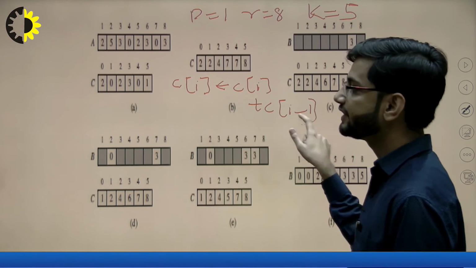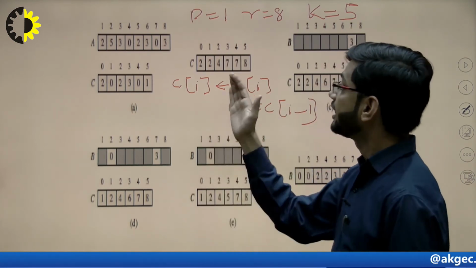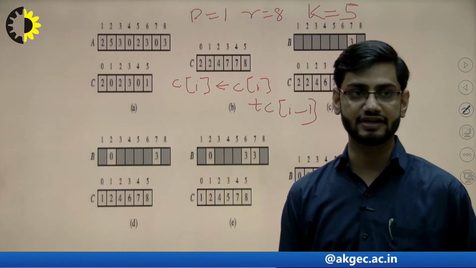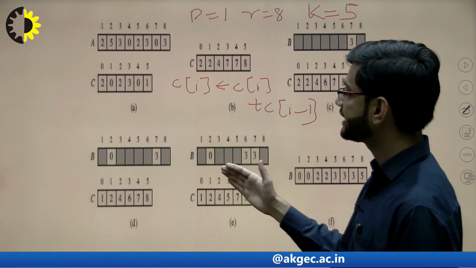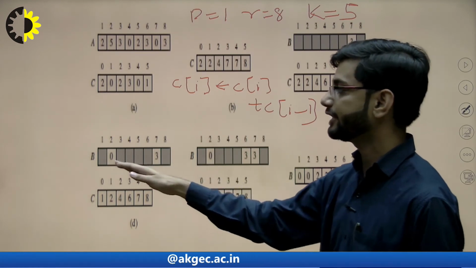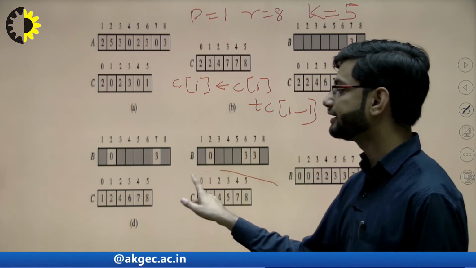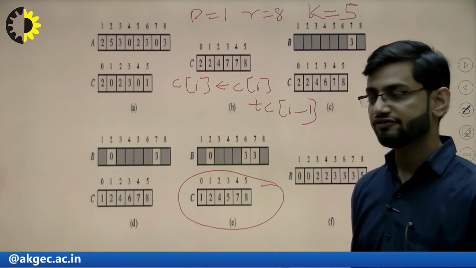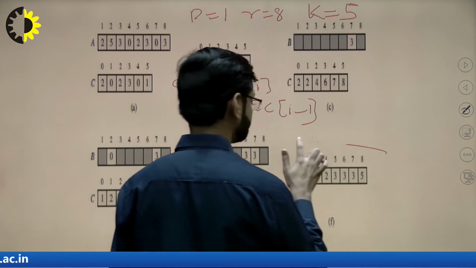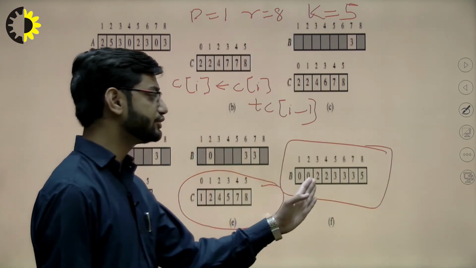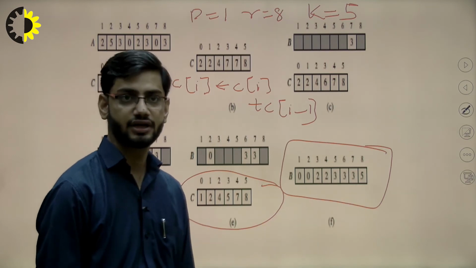So I have replaced the content of the ith index of array C by the cumulative frequency. Next, I have stored the corresponding element in the output array B and decremented the corresponding frequency of the element in the C array. And finally, I have got the output array B here as 0, 0, 2, 3, 3, 5.